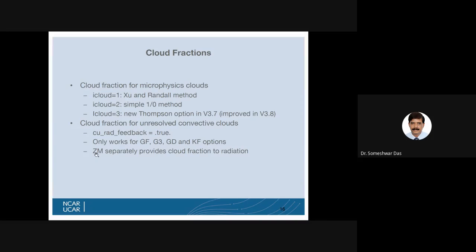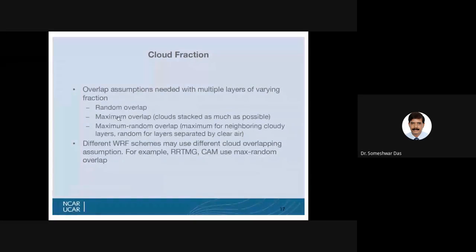GDM is another convection parameterization scheme. It separately provides the cloud fraction to radiation. Okay, it computes the cloud fraction in that scheme itself. Further, the overlap assumptions are needed with multiple layers of varying fraction, like random overlap, maximum overlap, which clouds as much as possible, and maximum-random overlap: maximum for neighboring cloudy layers, random for layers separated by a clear layer.